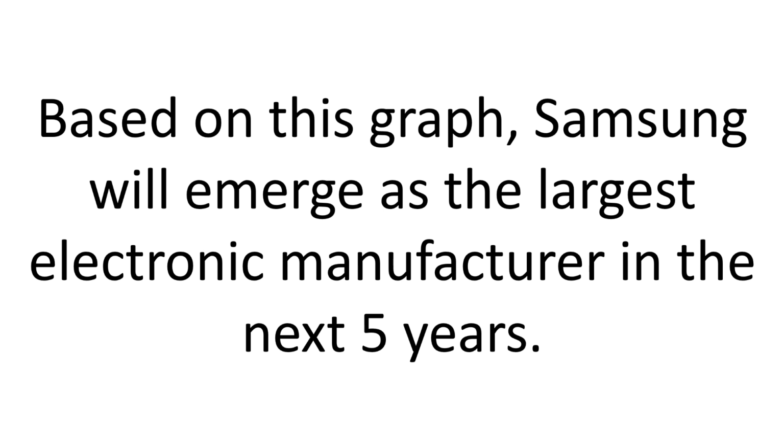So that would be a smart conclusion: you understood what was there, you noticed a trend, that is the Samsung manufacturing share is increasing, and then based upon that you made your conclusion.